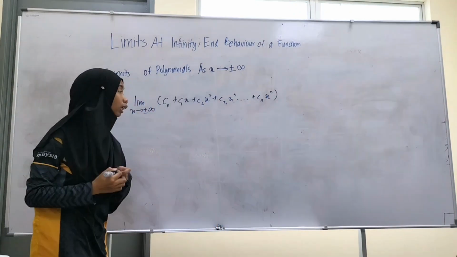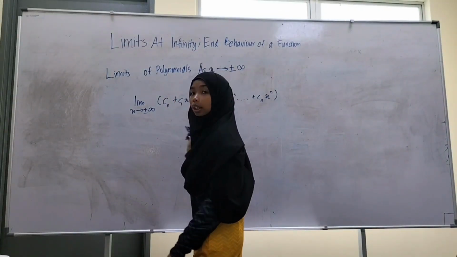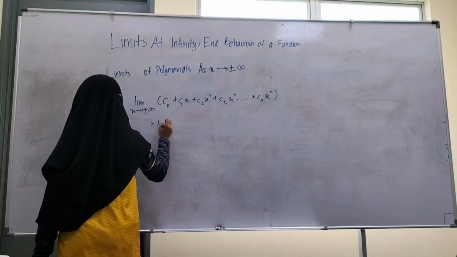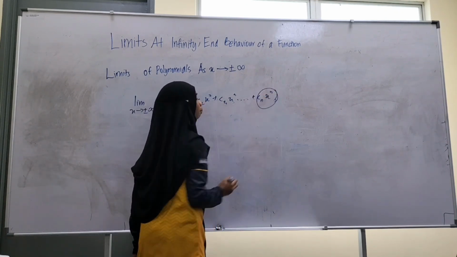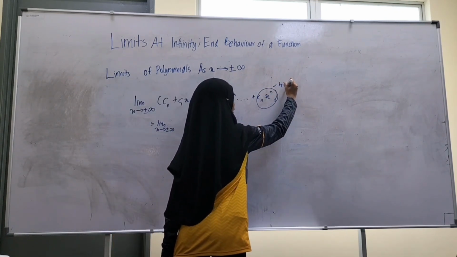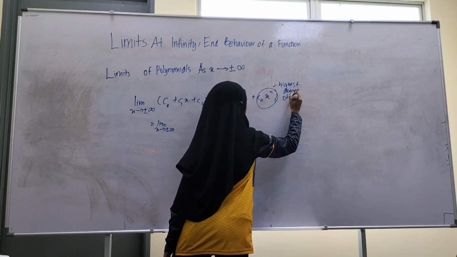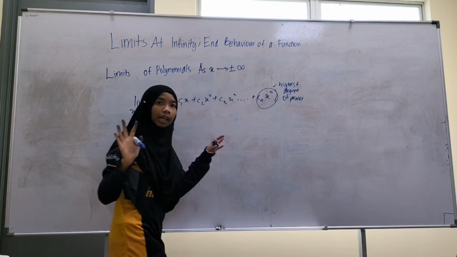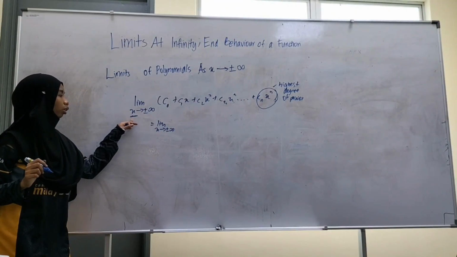Now, it's going to be a really long function and so tiring. So the easiest way out is to just find the limit as x approaches positive or negative infinity for the highest degree of power for x, or whatever unknown is here.